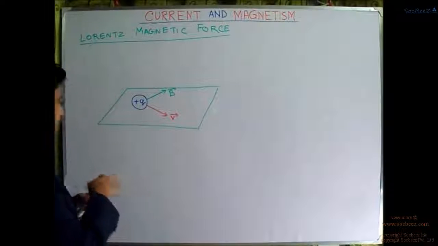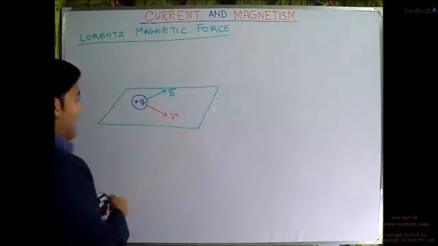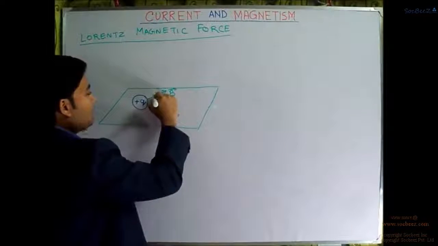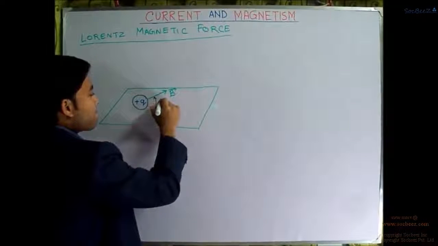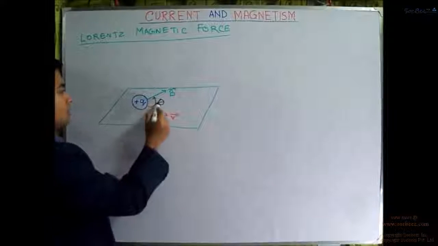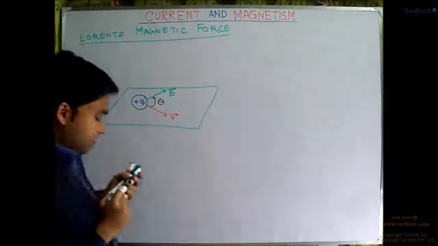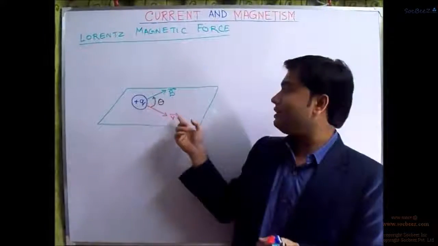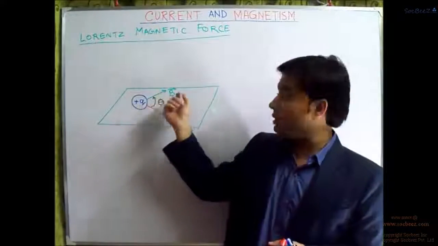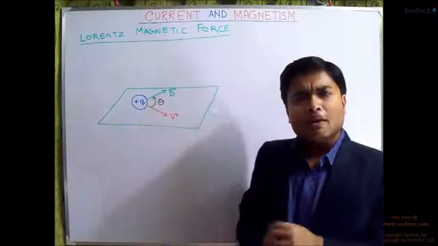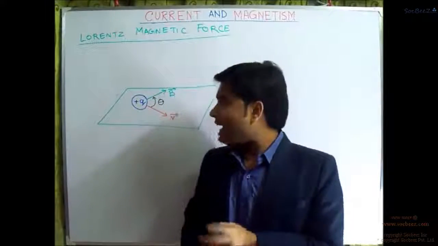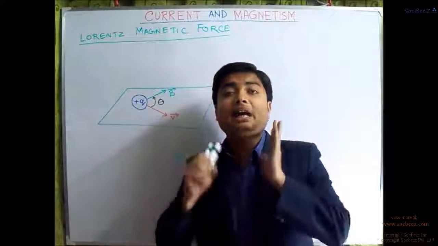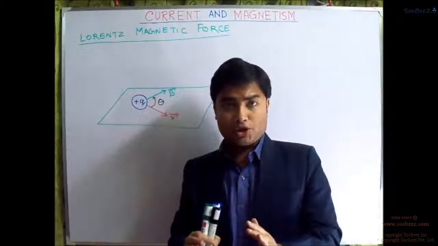Now, if the angle made between the velocity vector V and the magnetic field vector B is say theta, then it is seen that this charge experiences a kind of force.